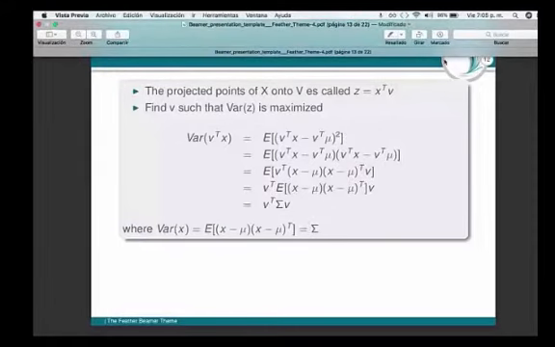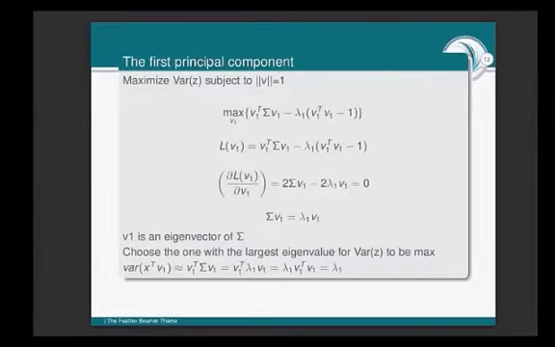The first principal component. In PCA, B1 is chosen such that it maximizes the variance of C, subject to this constraint. Thus, our objective is to solve the maximum of this equation. Now, it is an optimization problem. Then we use the Lagrange multiplier. We solve this problem, deriving with respect to B1, this equation.